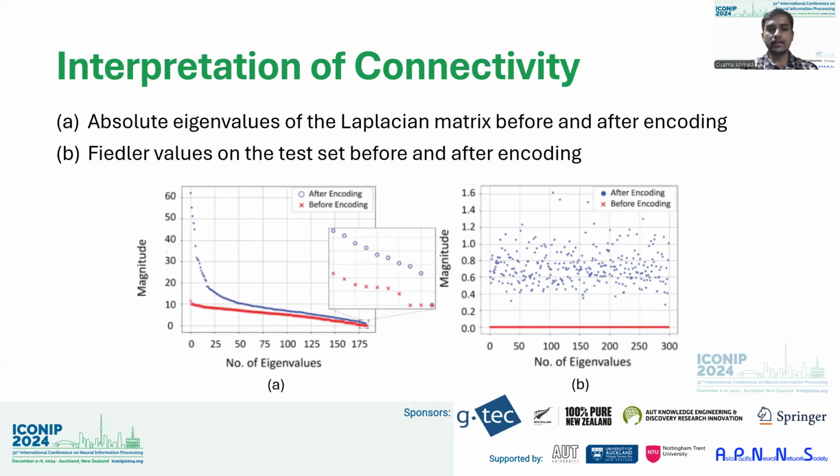The left side shows the removal of disconnection or zero eigenvalues in the modified block adjacency matrix, and the right image indicates the Fiedler values of the Laplacian matrix before and after encoding. As we can see, the Fiedler values are non-zero after encoding.